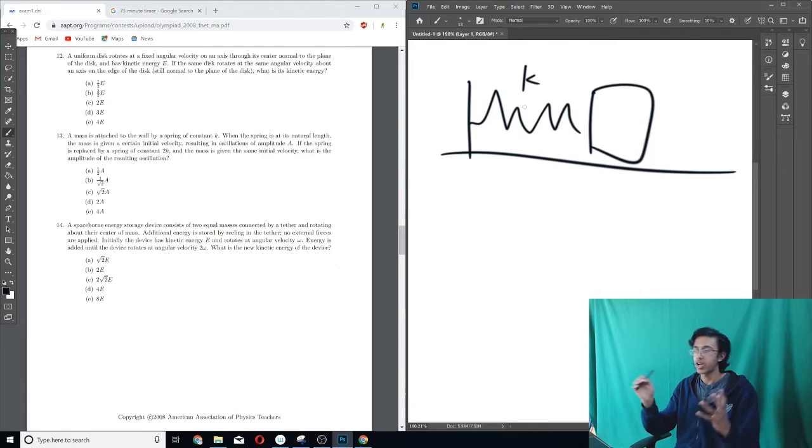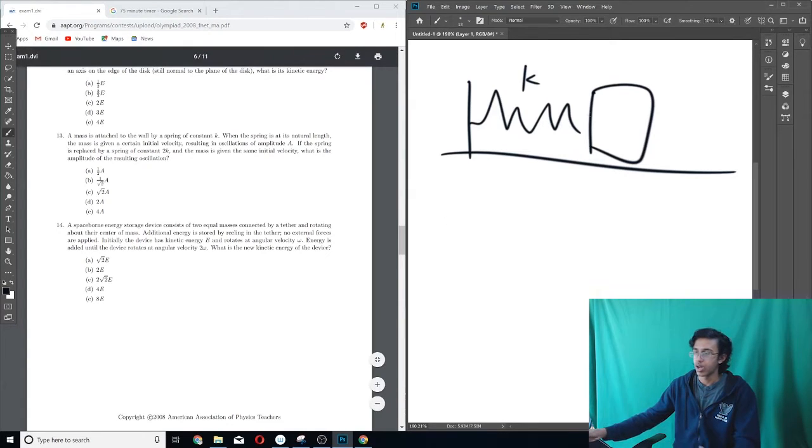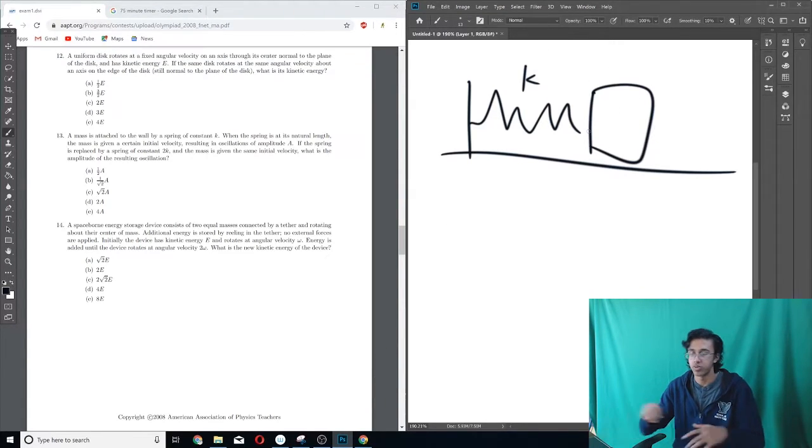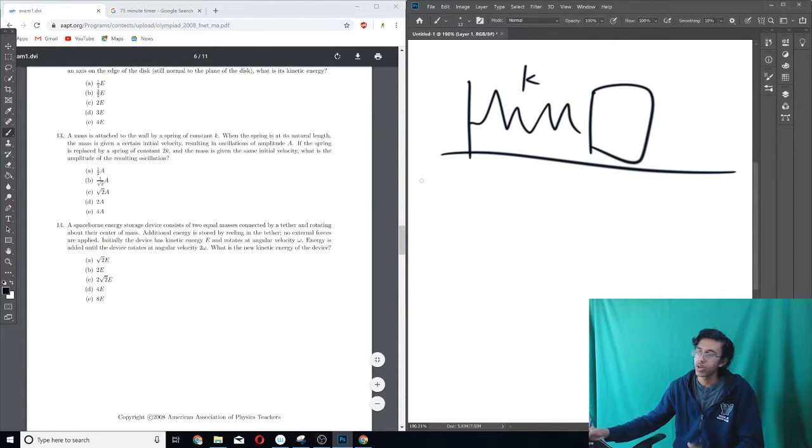So let's first find the amplitude in terms of K. The amplitude is the maximum extent to which the spring goes. That's equal to its potential energy at the very end, because at the very end it has no kinetic energy, so that's the maximum energy in the system. At the equilibrium position, when it's pushed with the initial velocity, it has no potential energy but it has kinetic energy.